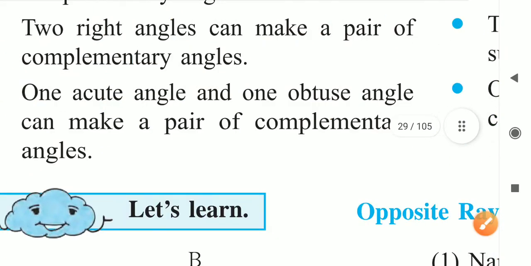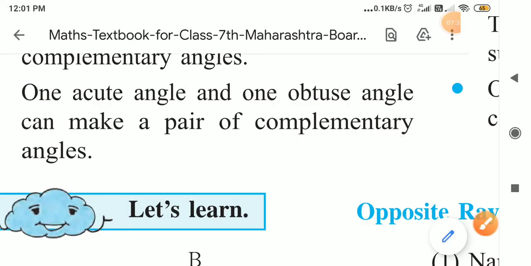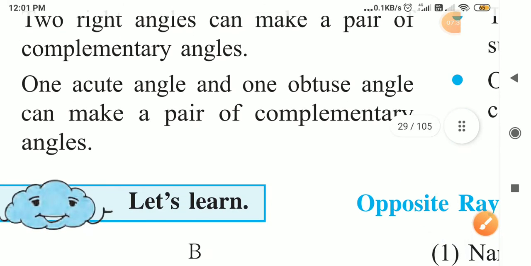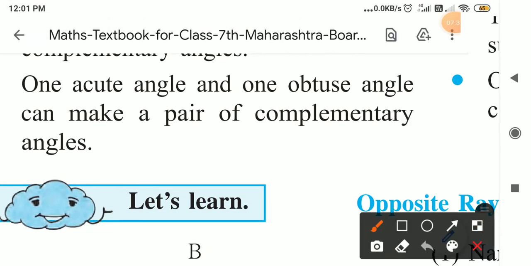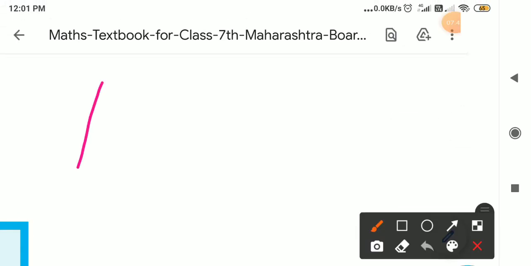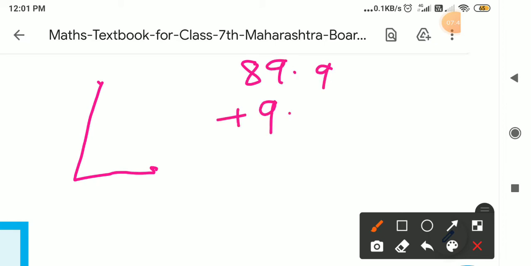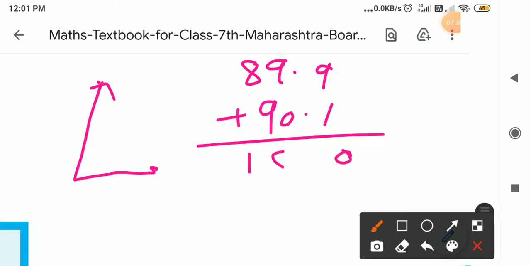That is the question. So here we add 89.9, which I have taken as the biggest acute angle, plus 90.1. What do we get here? 180 degrees. It forms supplementary angles.